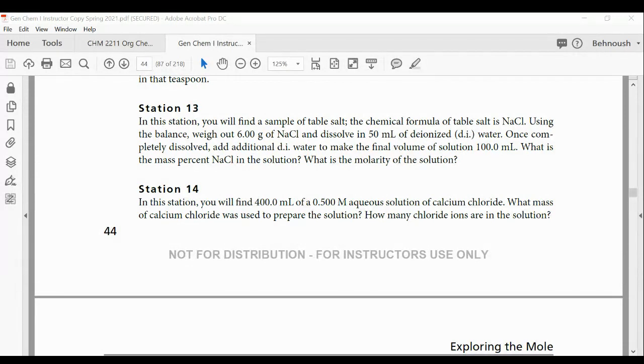Sorry, I did not spell moles correctly. Grams divided by the molar mass, and the volume is going to be 0.1 liter. So in order to find the molarity, you would say number of moles divided by volume in liters, which is the 0.1.